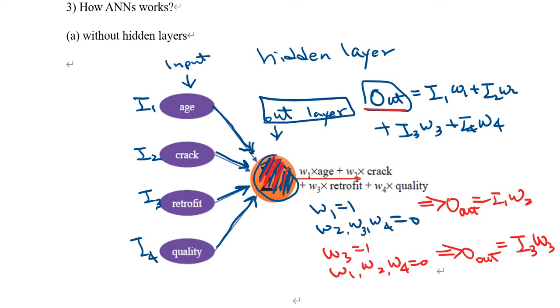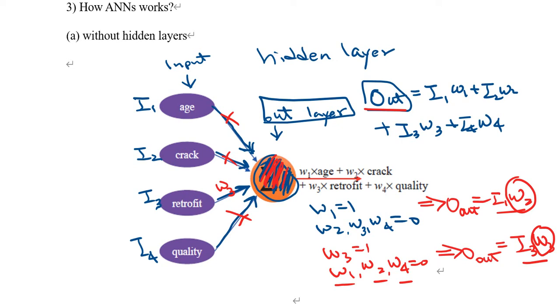This vanishes, this vanishes, this vanishes. What you have here is only W3, so the influence of I3 on the output parameter exists, as you see over there. So determination of the weights is very important to see which input influences the output parameter. In this case W1, W2, W4 are 0, and how are we going to determine these weights?